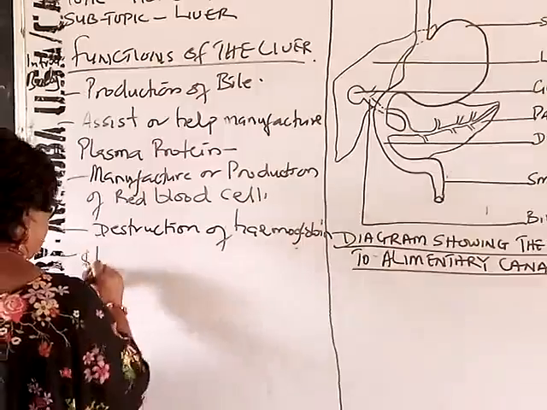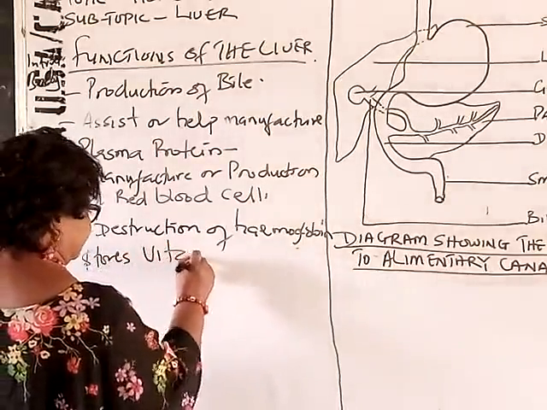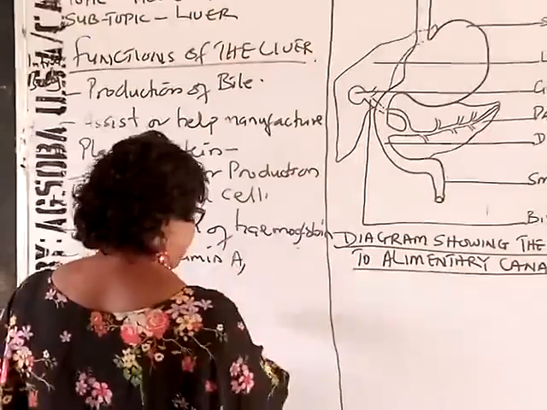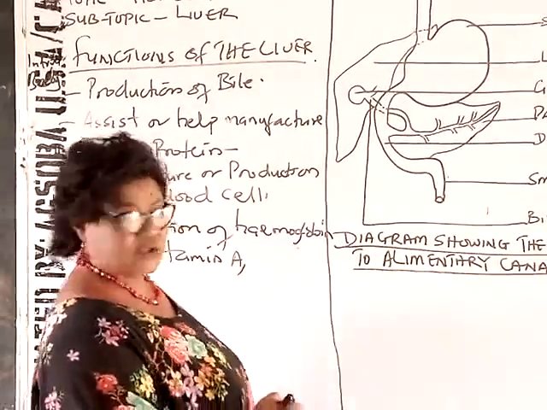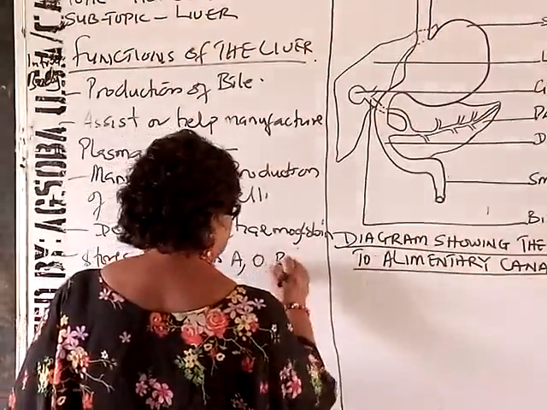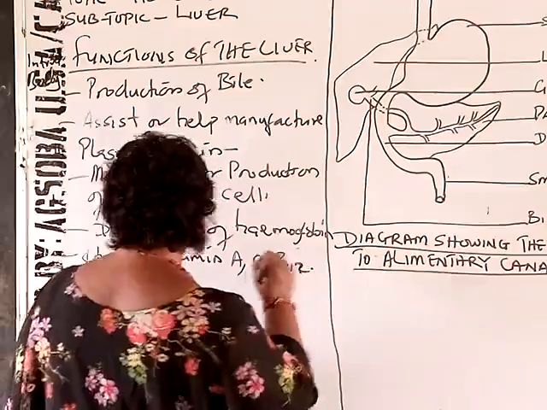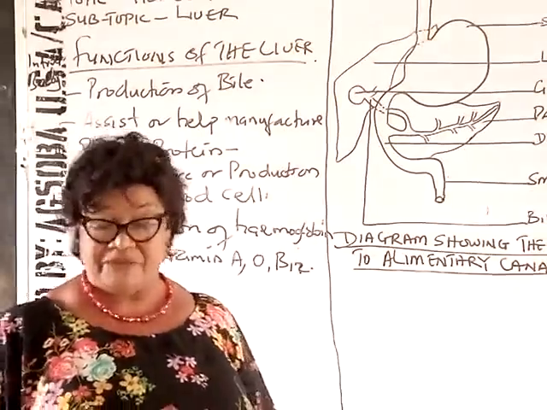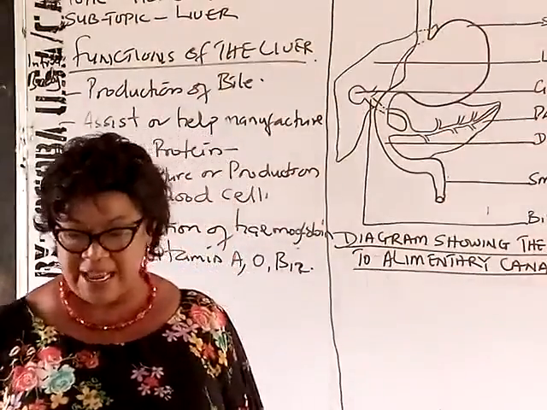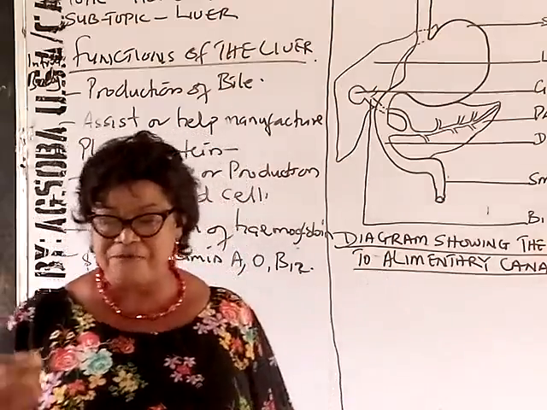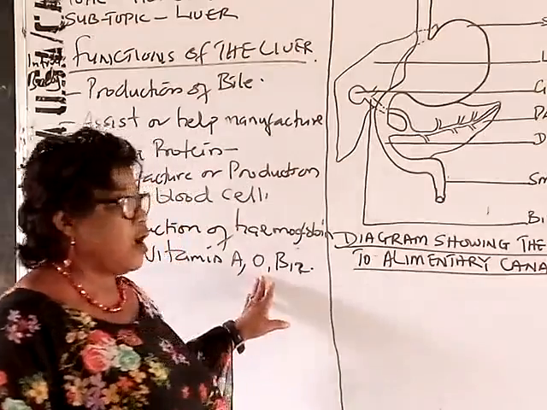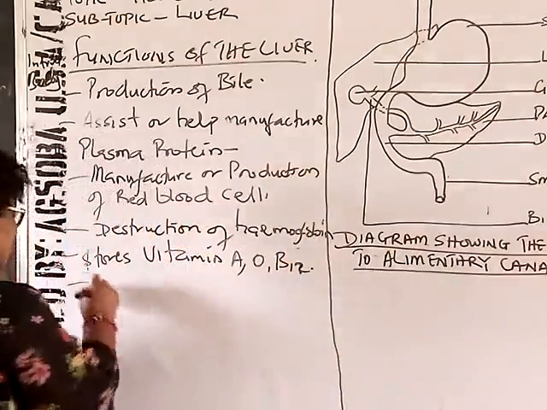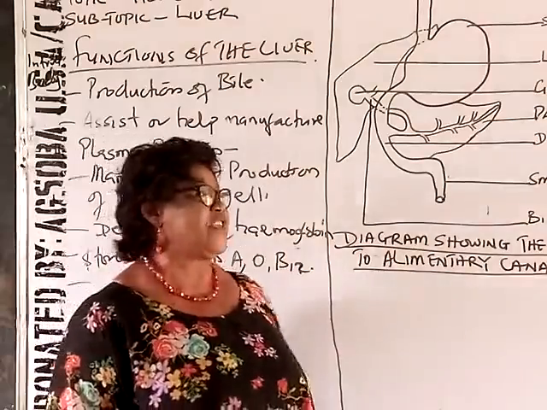The liver stores vitamins, especially vitamin A. It stores vitamin A, and also fat soluble vitamins such as vitamin D and B12. Note that. Another function that the liver carries out is what we call detoxification.